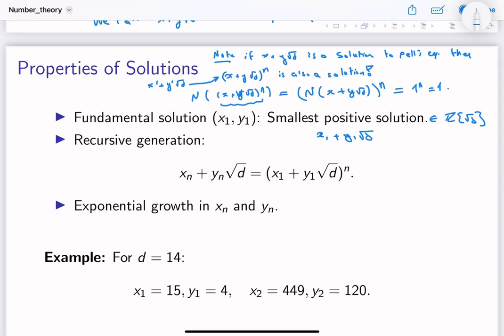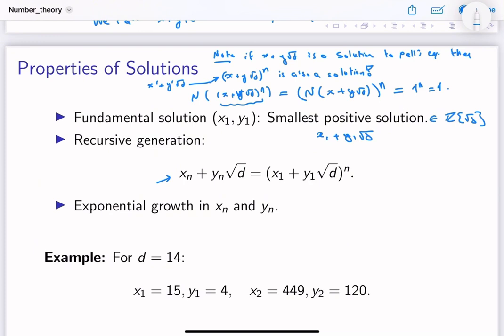All right, and it turns out any solution is going to be generated by that fundamental solution, in the sense that it's going to be some positive integer power of the fundamental solution. And one thing I want to note here is that the growth of these solutions is really exponential growth. We're going to see this in this example.